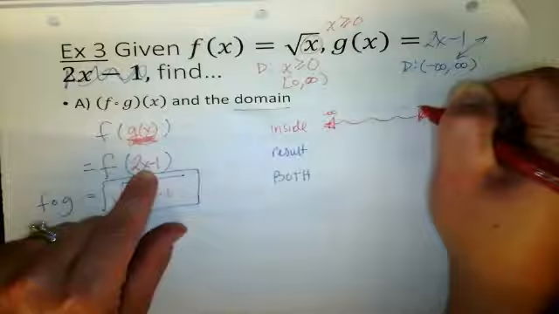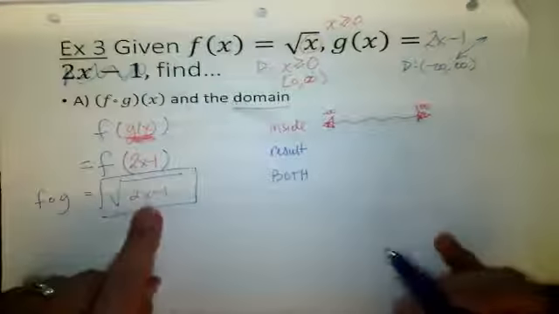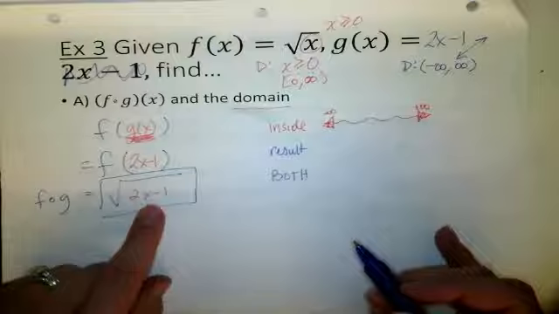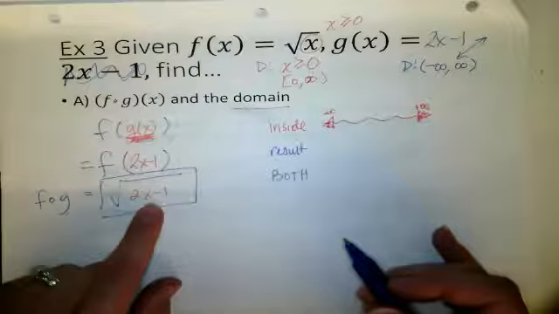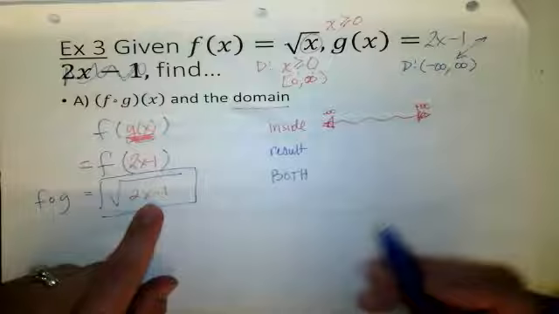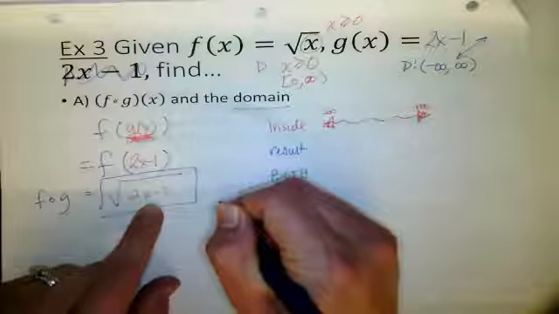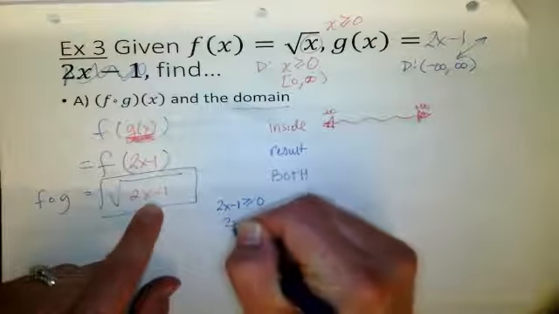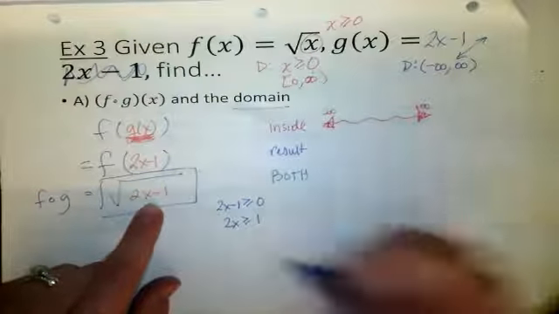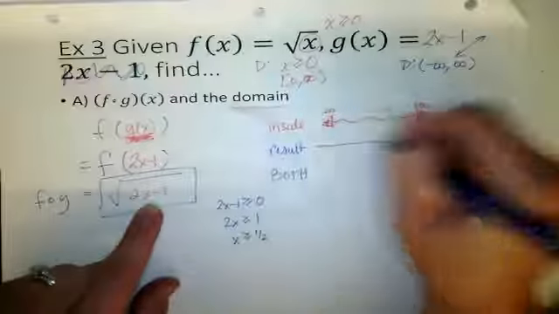Then we look at this resulting function here. It's under a square root, it's a swoop. And because it's a square root, what do we know about it? Must be greater than or equal to 0, which means x is greater than or equal to 1/2.